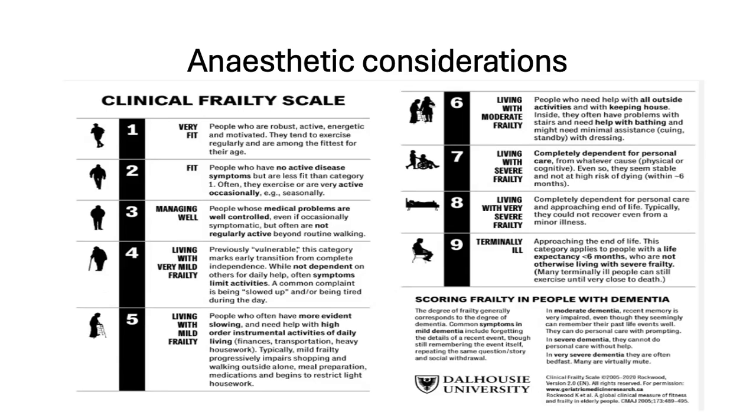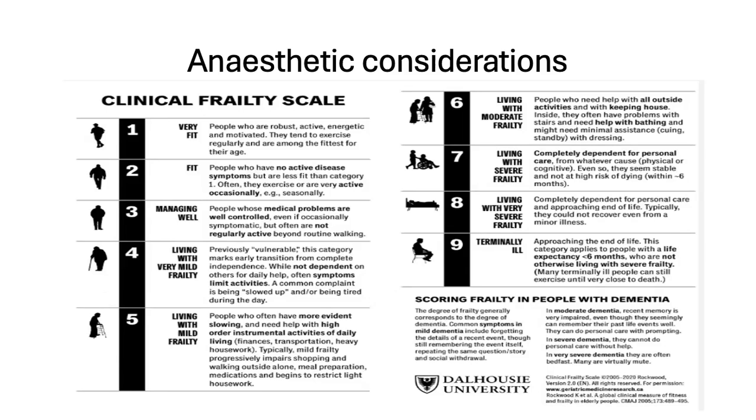If a patient is severely frail, like you're looking at someone on this scale who's on 9, after major surgery, they may have difficulty going back to their normal state of function. And there is a big difference between a patient who is sitting on a scale of 8 and a patient who is on a scale of like 4.